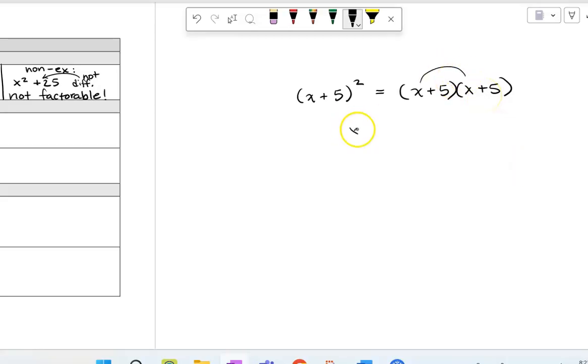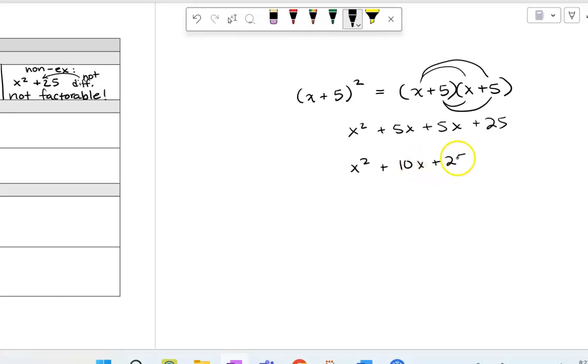Well, let's FOIL it out and see what happens. We get x squared plus 5x plus 5x again, and then finally plus 25. So we get x squared plus 10x plus 25.